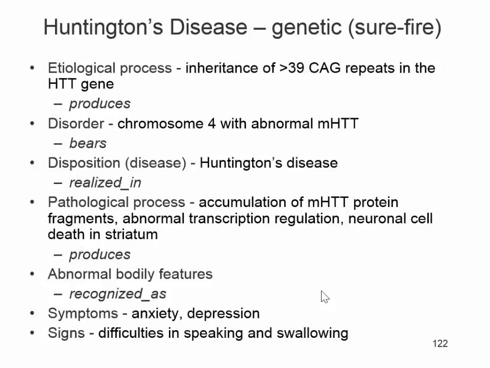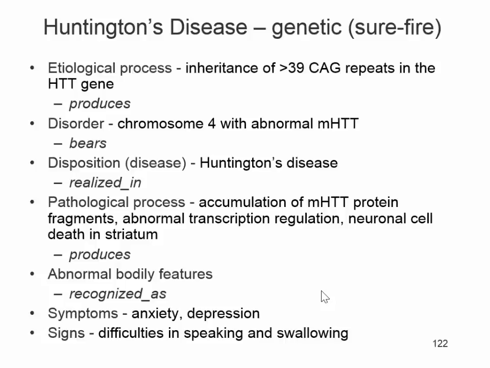This bears a disposition which we call Huntington's disease, which is realized in pathological processes, which is accumulation of these protein fragments, which goes hand in hand with abnormal transcription regulation and neuronal cell death in striatum, which produces abnormal bodily features such as anxiety disposition and eventually difficulties in speaking and swallowing.